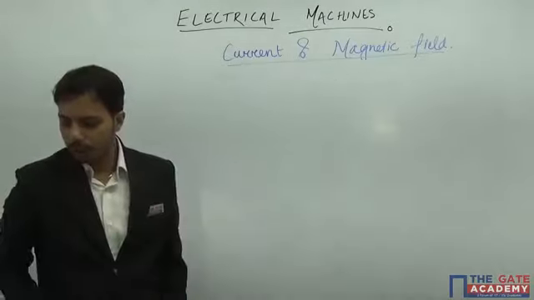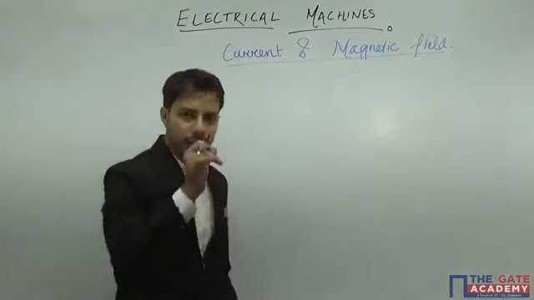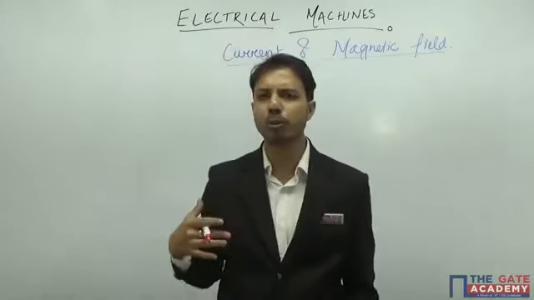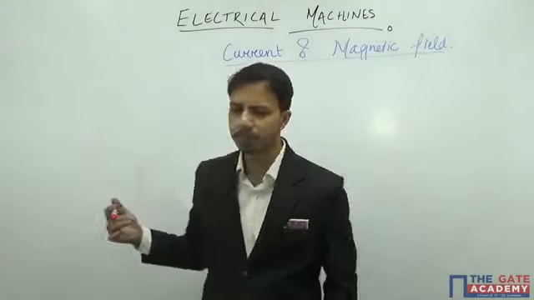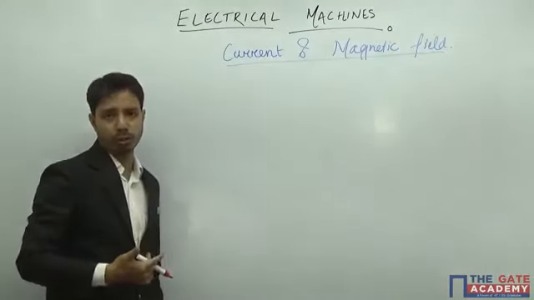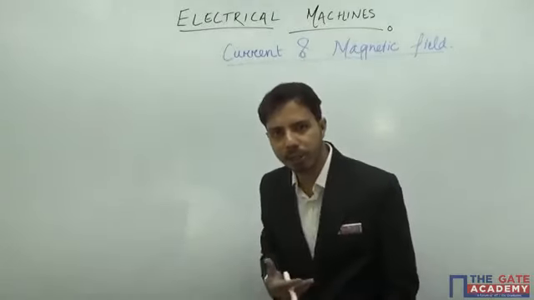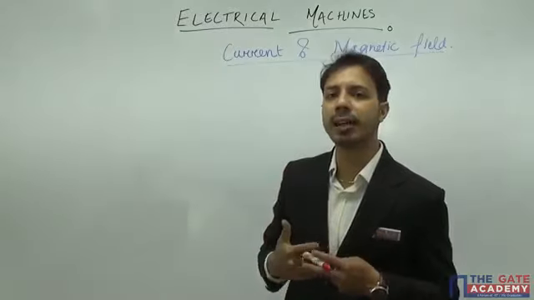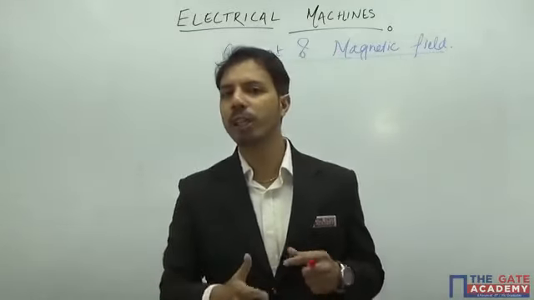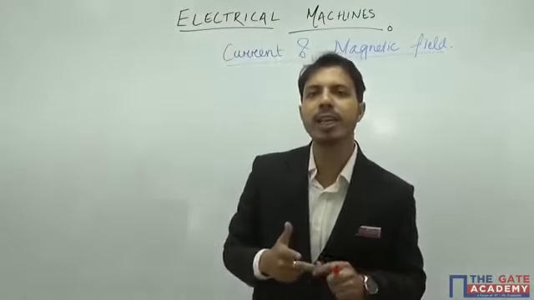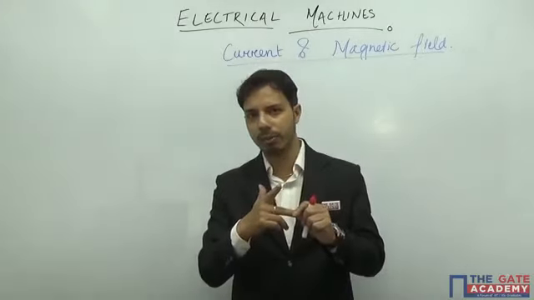Okay? Now, the last thing that we should know for this topic is how to find the direction of the force. In the earlier one, we used Fleming's right hand rule to find the direction of the induced EMF.